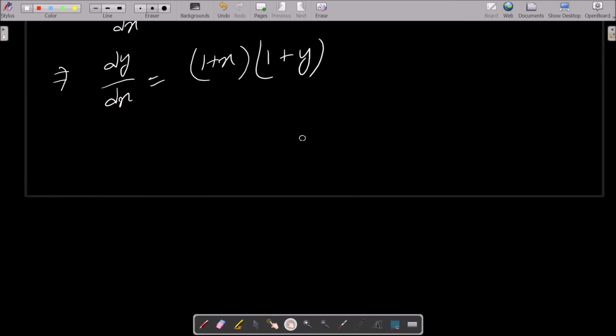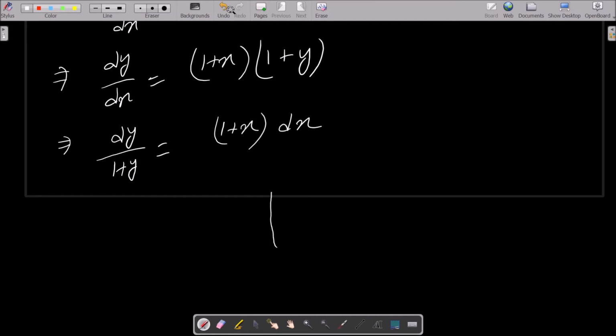After that, the next is dy by dx. The y part I'm moving to one side, so here 1 by 1 plus y, and this is now 1 plus x dx. After that you need to do integration on both sides.